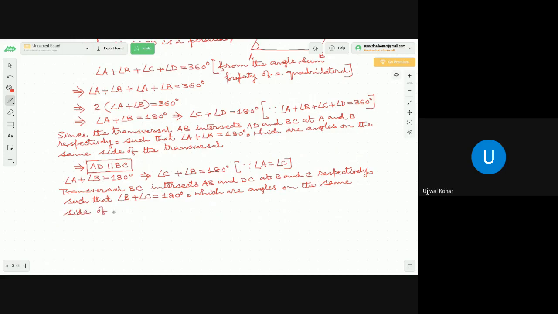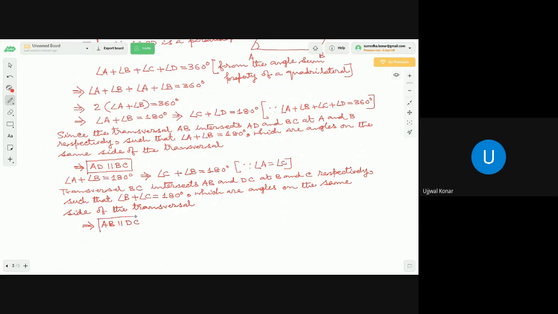So from here we can conclude that AB is parallel to DC, dear students.